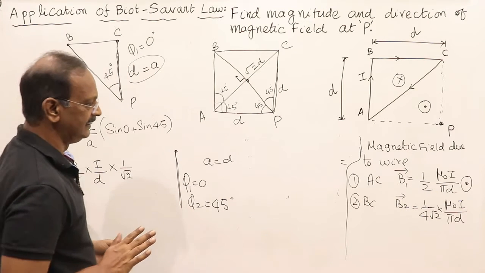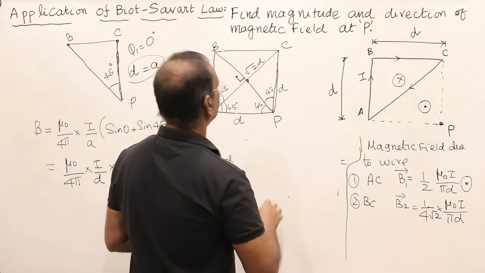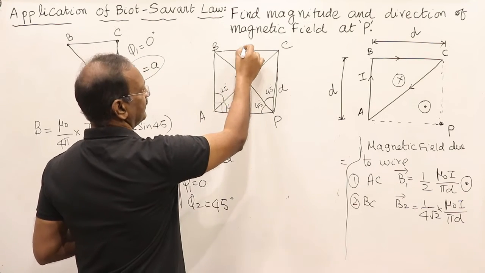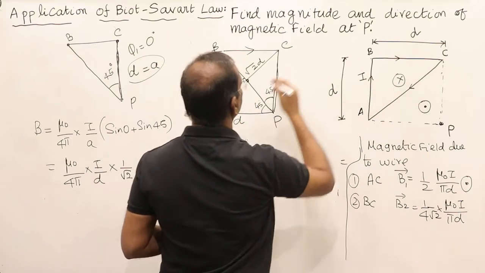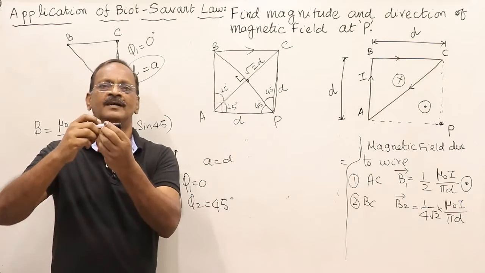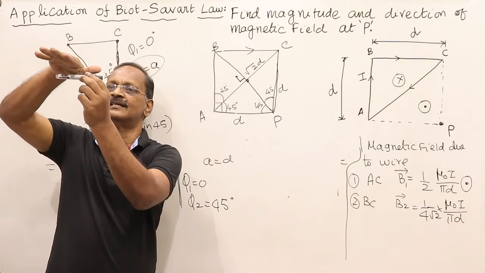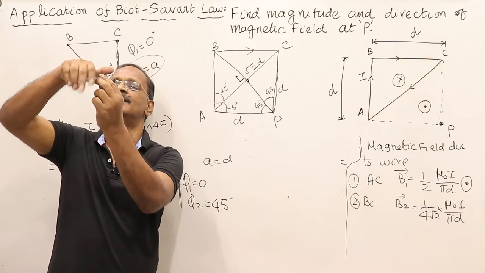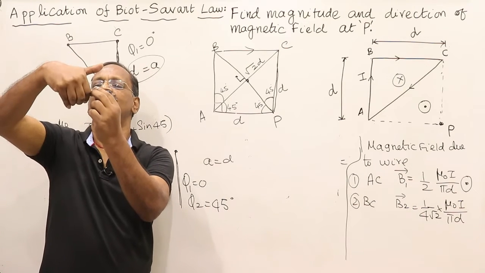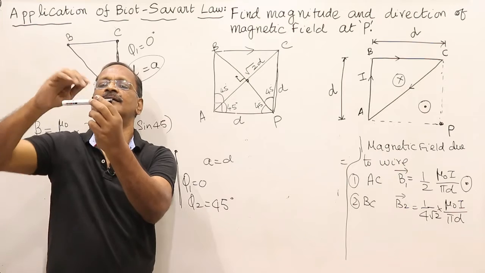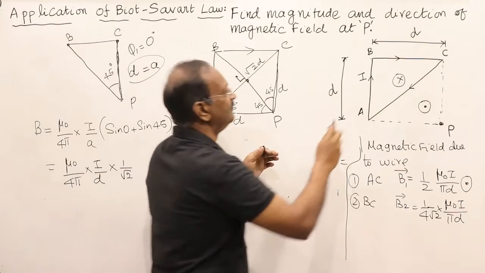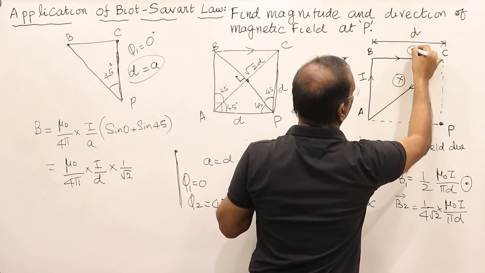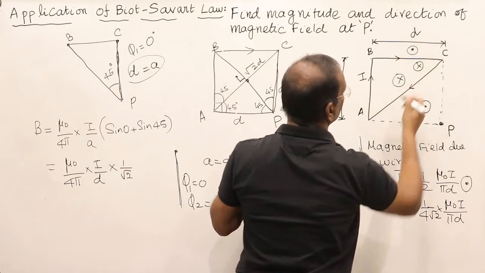Now we will find out the direction. See this one, how the current is flowing: this way. This way current is flowing. If this way current is flowing and we put the thumb in the direction of current, the curl will be here. It means this side of the conductor will be inward and this side will be outward.